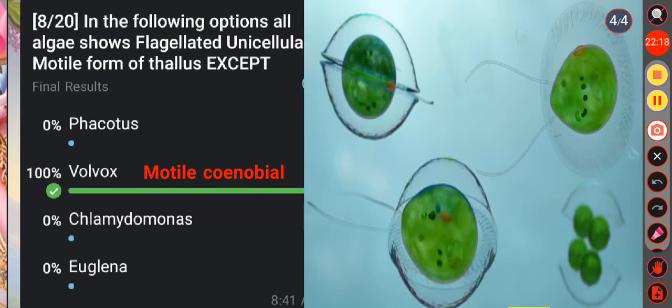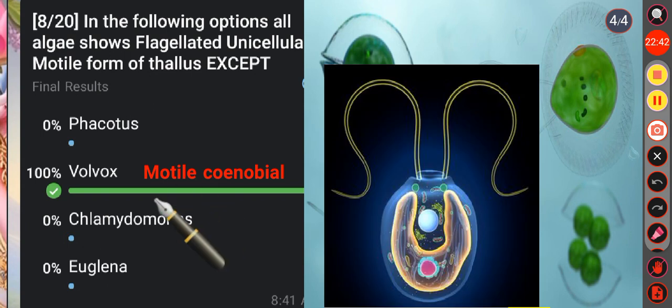Then see the other option, that is Phacotus. Phacotus is a unicellular freshwater biflagellated green alga in which a thick calcareous covering is present around the cell wall. Okay. So Phacotus shows a flagellated unicellular motile form of thallus.